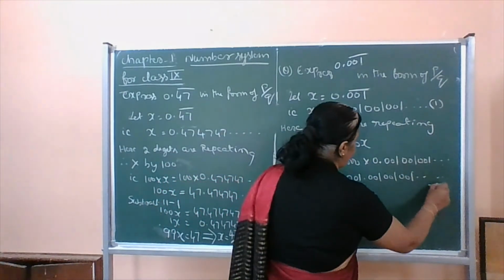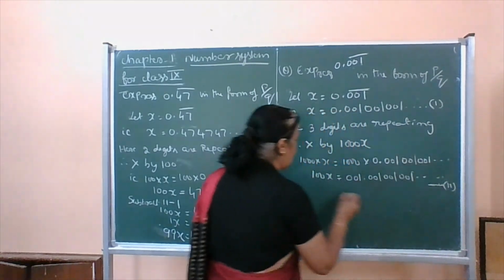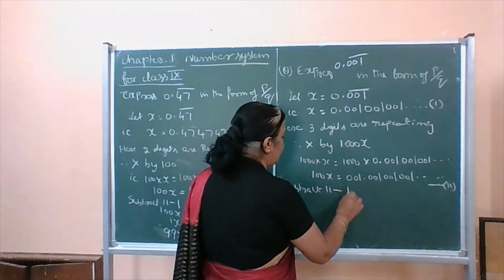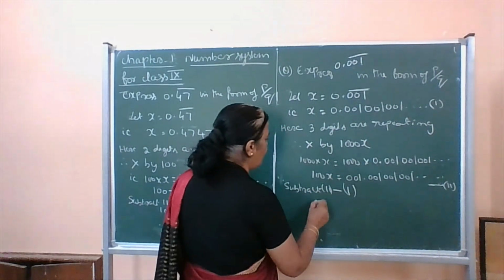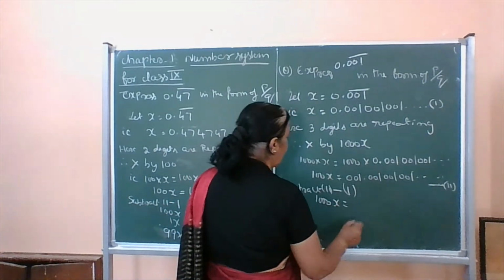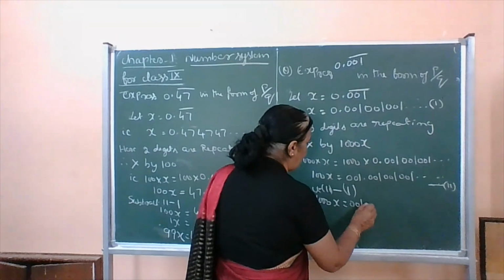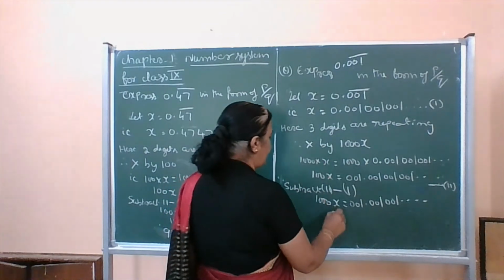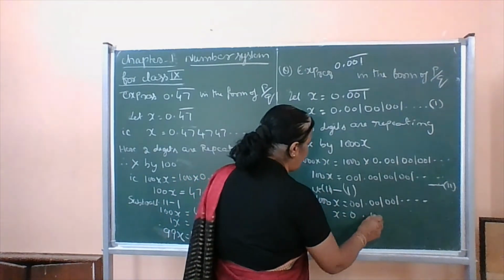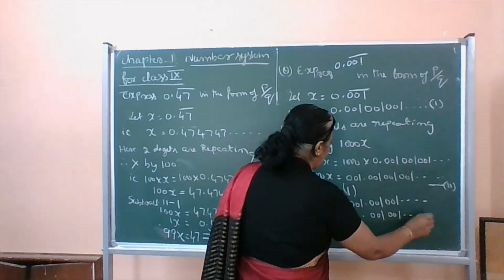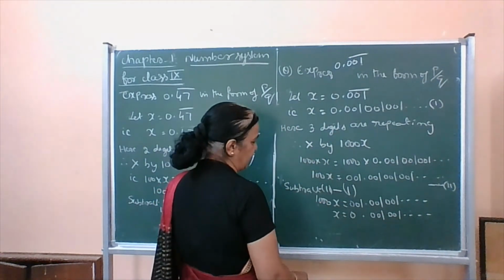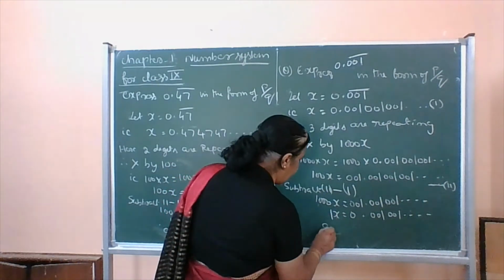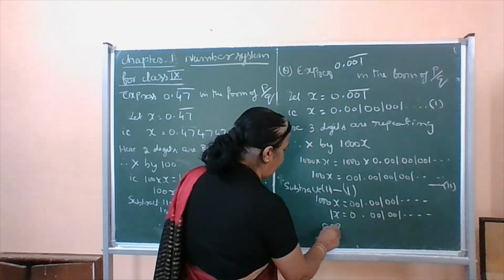Subtract 2 minus 1, that is 1000x minus x, x can be written as 1x, that is 999x.